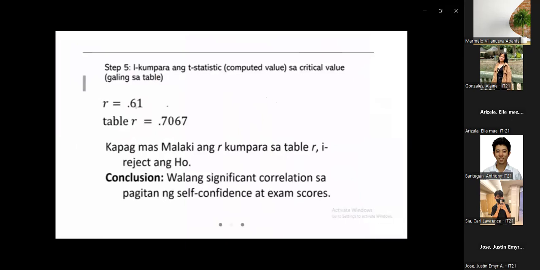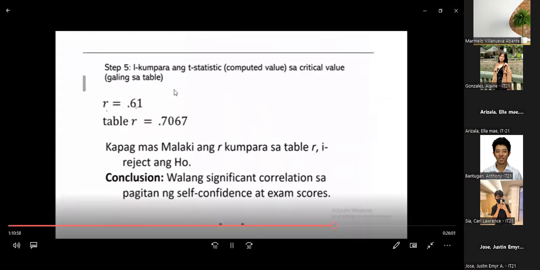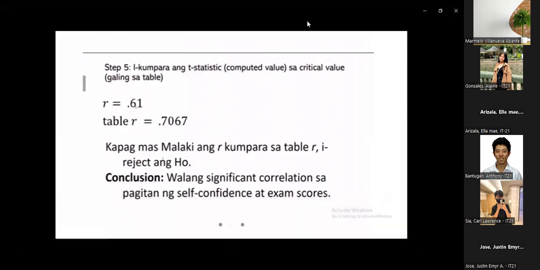After that, ikukumpara na natin yung R sa table R. Sabi dito, kapag mas malaki ang R kumpara sa table R, i-reject natin yung null hypothesis. Kung titingnan natin, mas malaki yung table R natin kaysa sa R. So, hindi natin pwede i-reject yung null hypothesis.